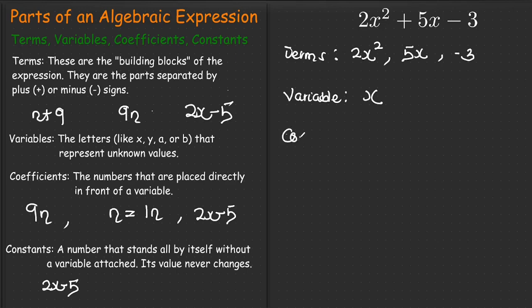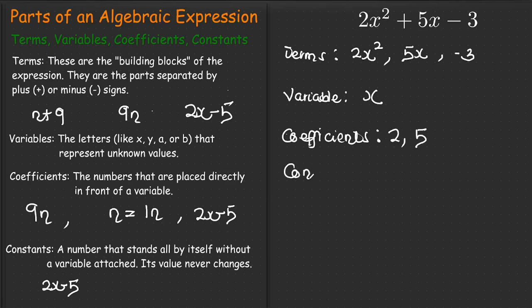Now, what are the coefficients we have in this expression? So we said the coefficients are the numbers that come right before the variable. So if this is a variable, this is a coefficient. So we have 2 as a coefficient, and we also have 5 as a coefficient.